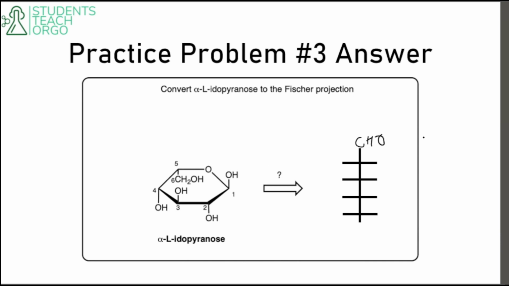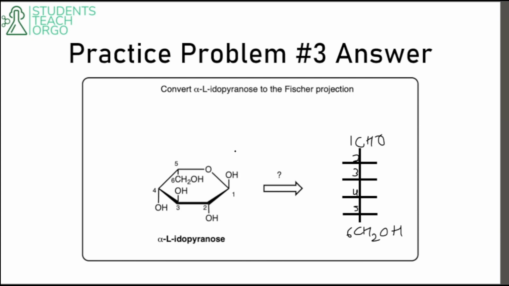So you're going to start with your CHO drawn here and your CH2OH drawn down here. That's the first thing I'm going to do. So this is 1, this is 2, this is 3, this is 4, this is 5, and this is 6. All right, hopefully that makes sense so far.